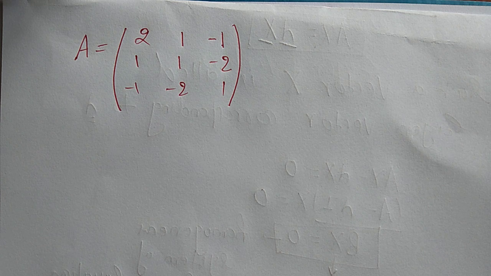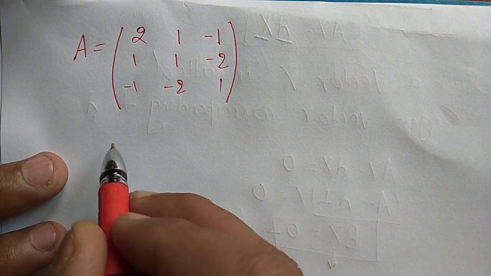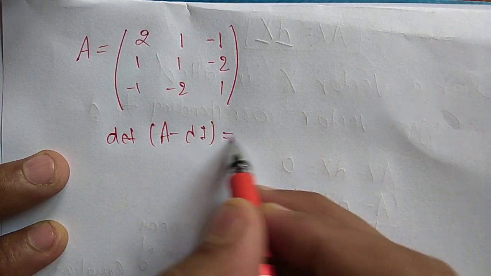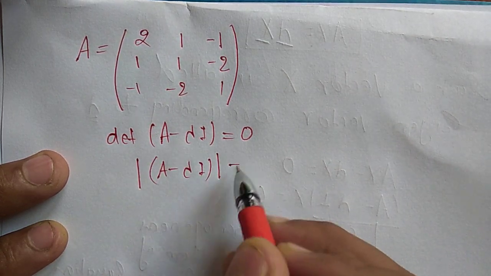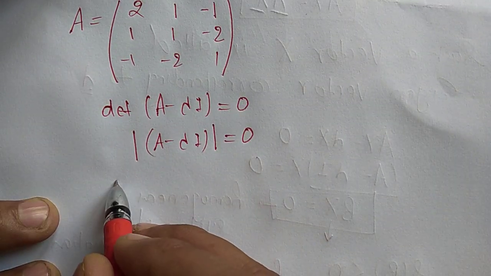Let us take one matrix and try to find the eigenvalues and eigenvectors. This is the given 3 cross 3 matrix. First row is 2, 1, minus 1, second row 1, 1, minus 2, and third row minus 1, minus 2, and 1. For the eigenvalues, first we write the characteristic equation, determinant of (A minus lambda I) equal to 0. So first we see what the A minus lambda I matrix is.